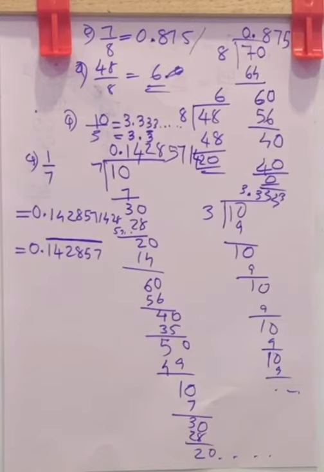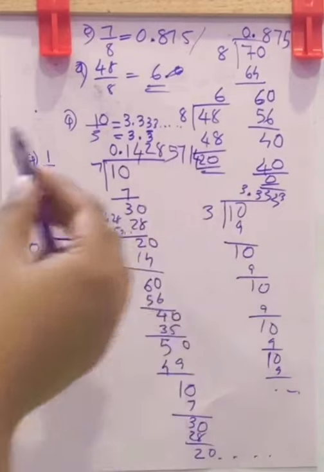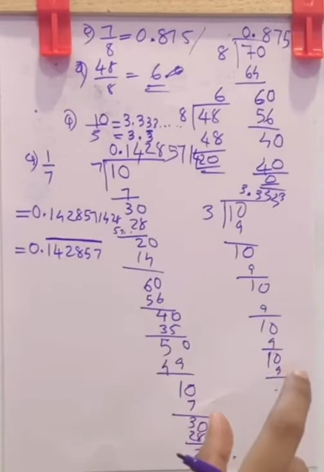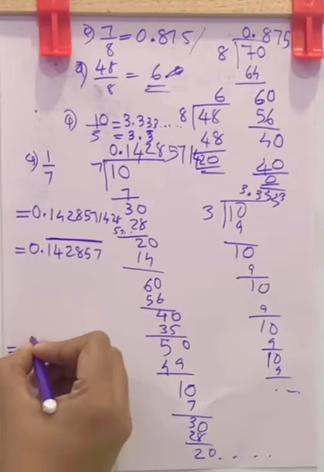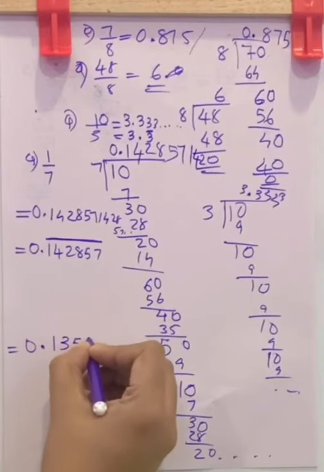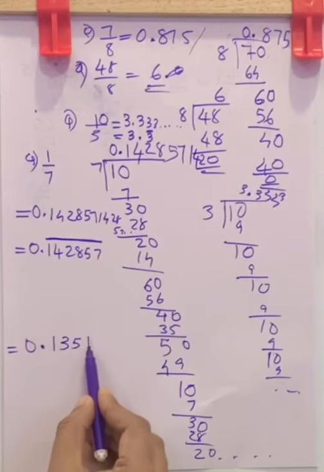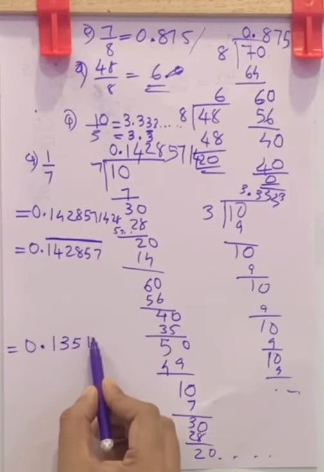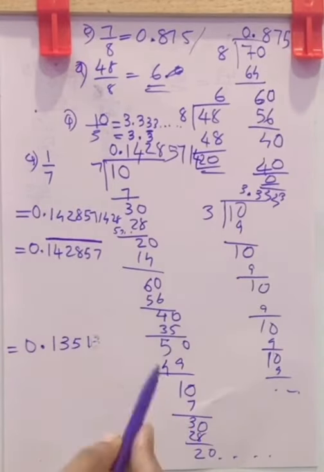Now, what about irrational numbers? In irrational numbers, we get a quotient that is non-terminating and non-recurring. If it were repeating, then whenever this 1 comes here, you would have to get the answer 3 and 5, but you will never get it.